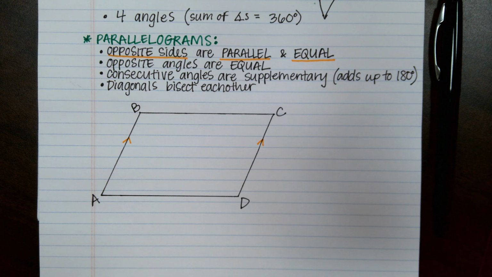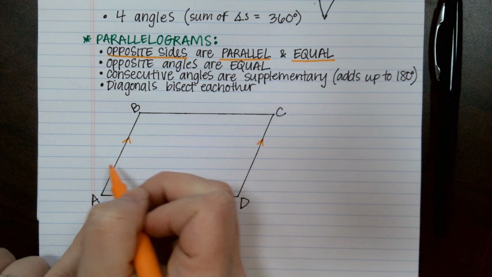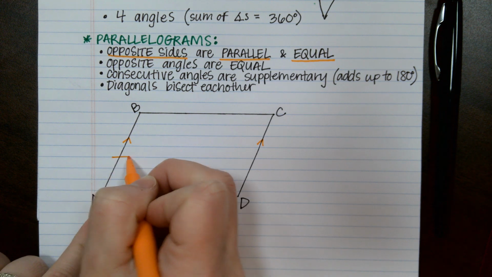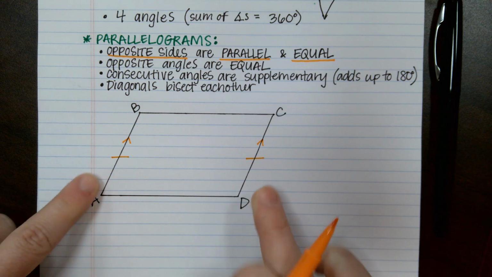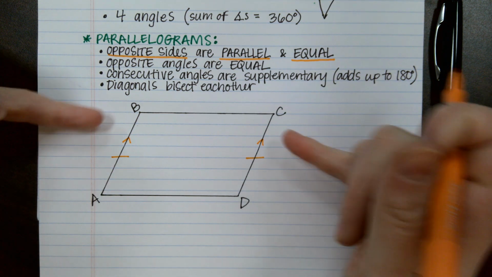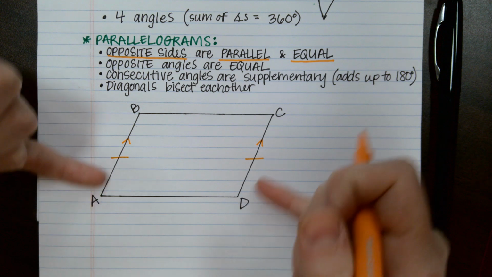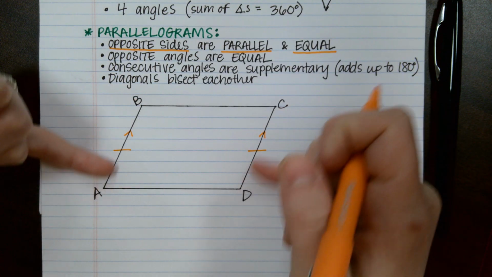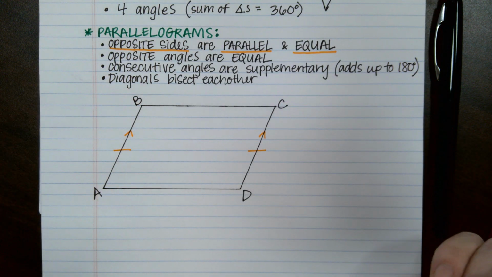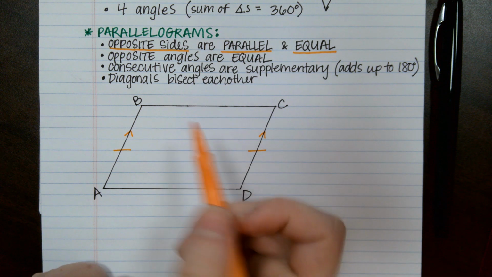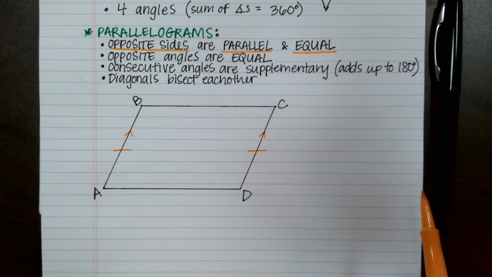And then to show that they're equal, that's when we do the dash. So I'll put a little dash here as well. So now I know AB and CD are parallel to each other and they are equal to each other, the same length. What about BC? Parallel to AD. Perfect.